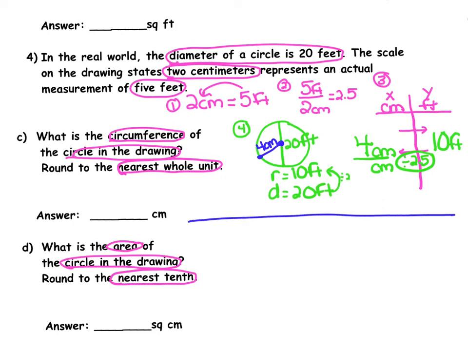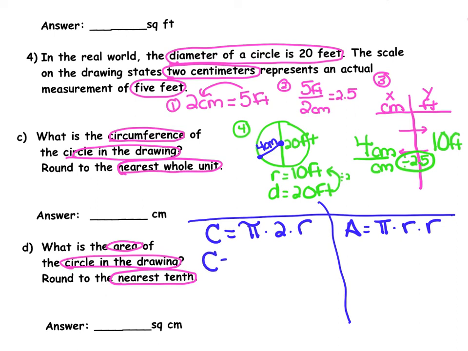So again, let's organize our work. We are going to find the circumference here, c equals pi times 2 times r, and we'll put our area formula over here. Area equals pi times r squared.